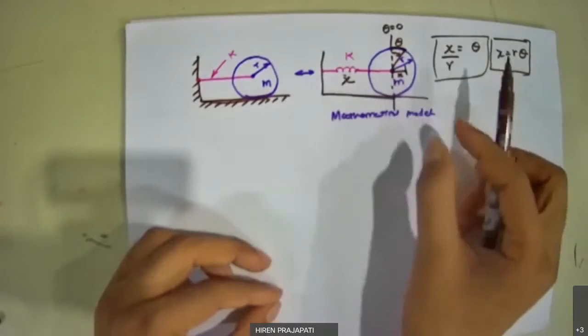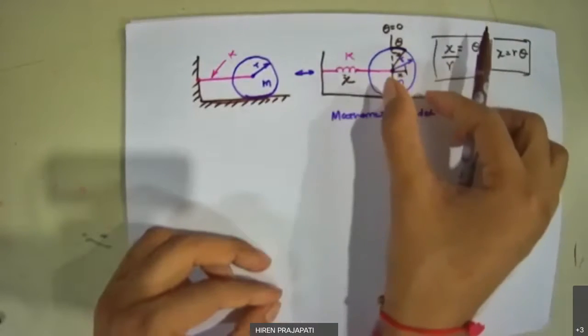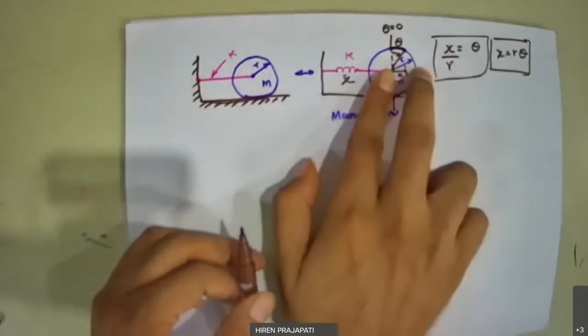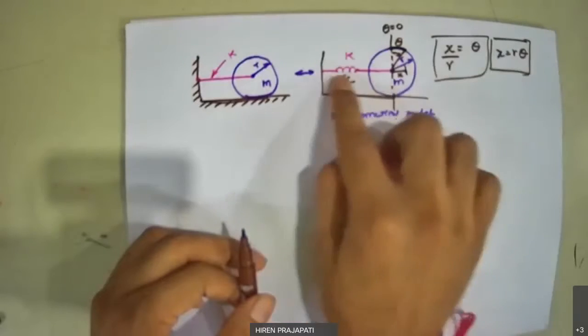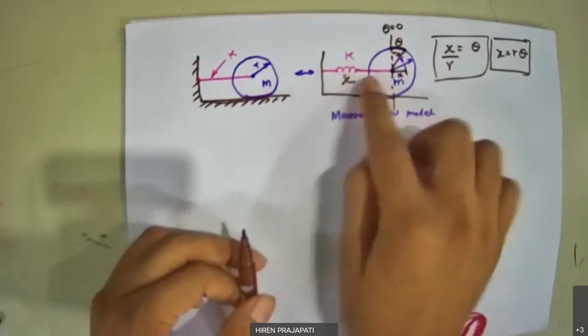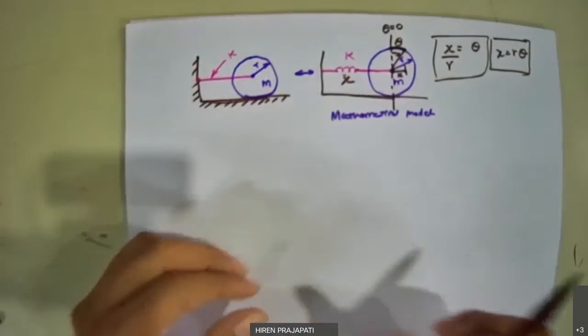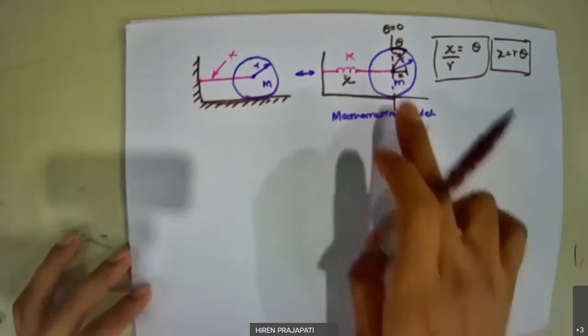And then we release this system, meaning after giving theta we release it. Then what happens? The disc will oscillate like this, and the spring will oscillate like this. Now we want to find the natural frequency of this oscillation.